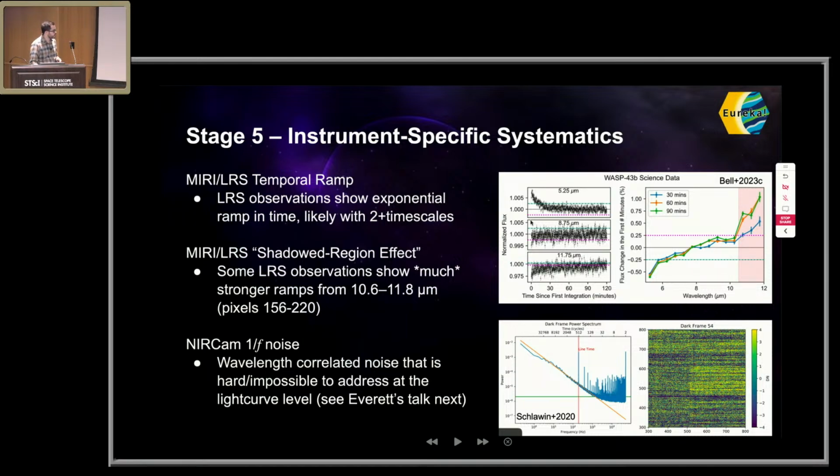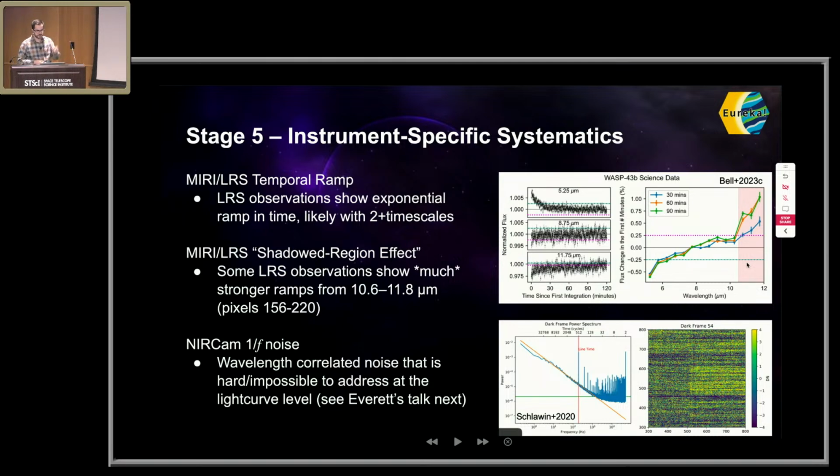For the MIRI LRS, some observations, such as the ones shown here of WASP-43b, have really, really strong and really long duration ramps from 10.6 to 11.8 microns, which is exactly in between the coronagraph on the top and the 4-quadrant phase masks underneath it.